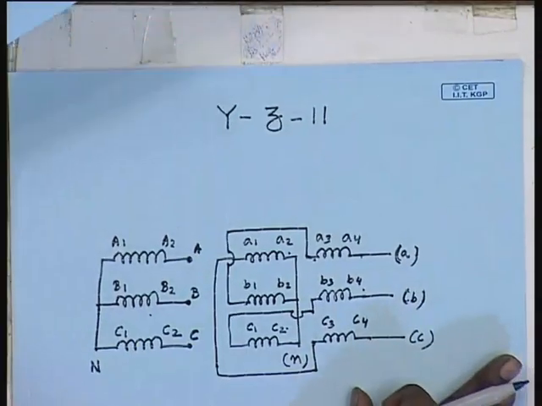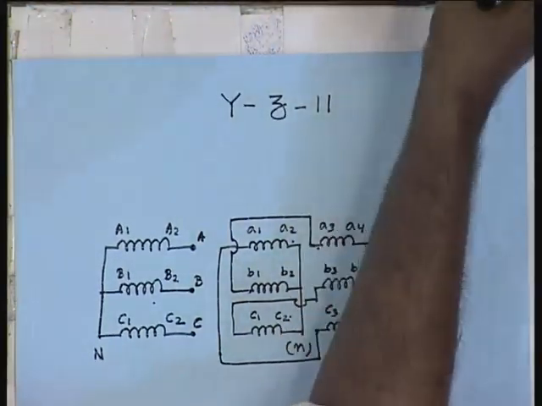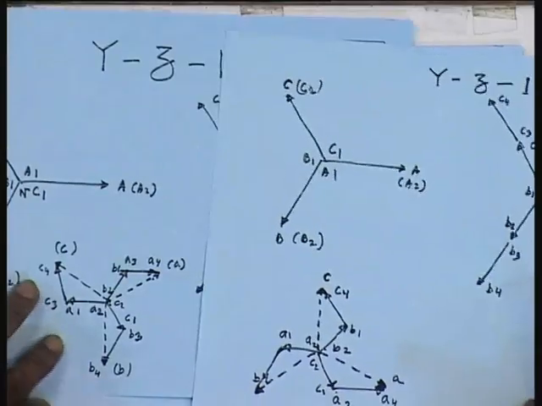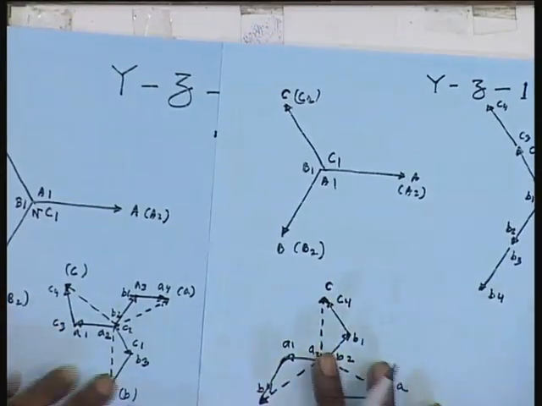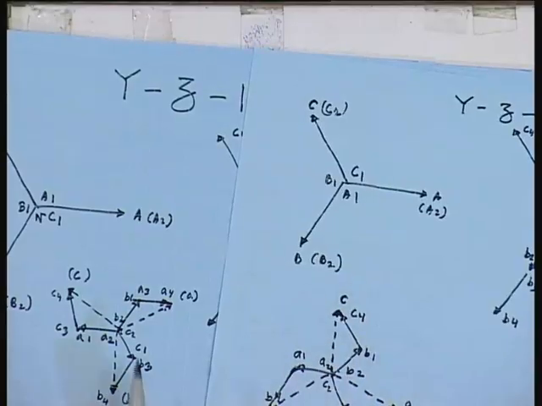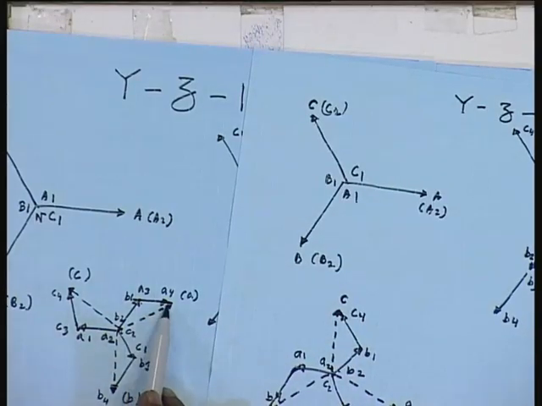The implication of this will be clear if we look at the two corresponding phasor diagrams. We see that on the low voltage side, in both cases the last leg of the phase is formed using A3A4, B3B4, C3C4.